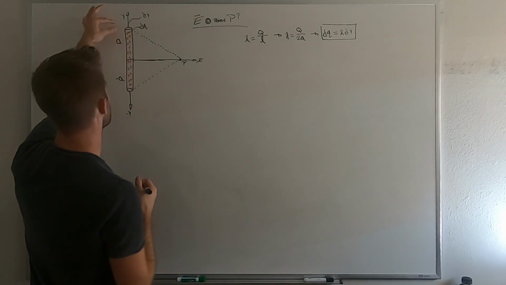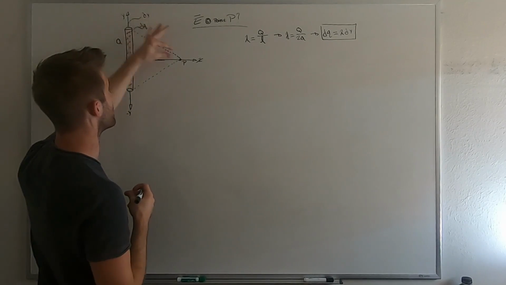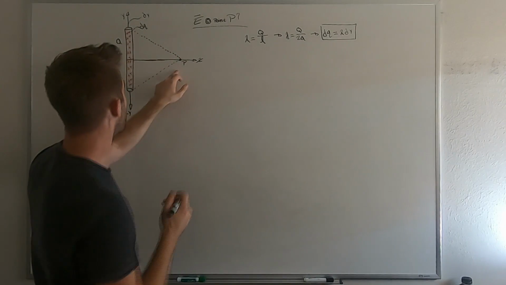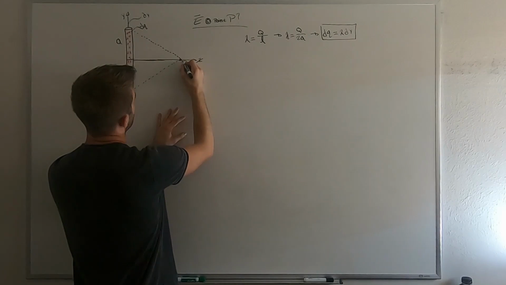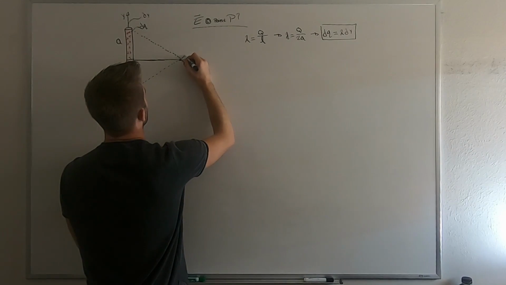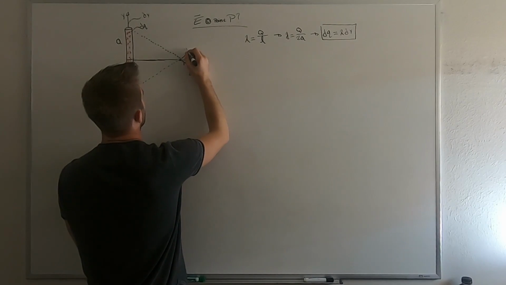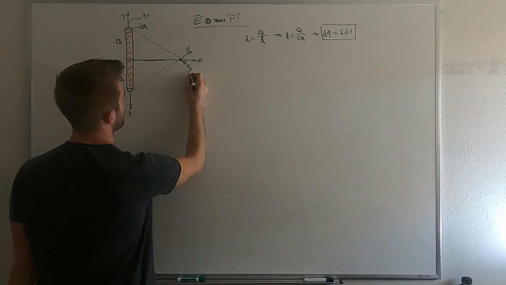So this little infinitesimal charge is going to be emitting an electric field over a distance at P. So it's going to intersect this axis. So this is going to be one of our E's, and then we have another one. Okay, so that's our electric fields.